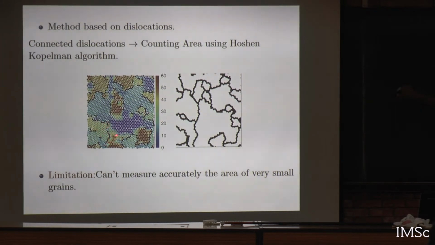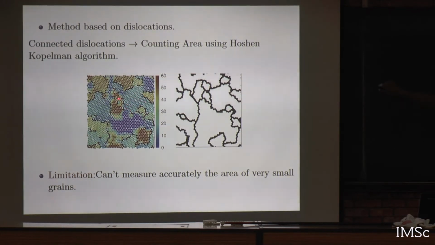But when you have small angle grain boundaries as well as small grains, for example if you think of this region, there are many defects, and there could be more than one way to connect defects. This problem typically happens at small grains. Small angle grain boundaries are not such a problem.